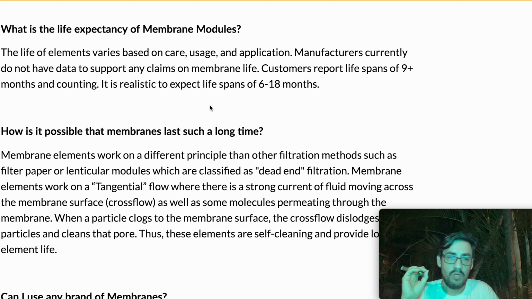Your concentrate is, for example, the fats that accumulate. Your permeate is whatever makes it through the membrane. That's going to be your clean ethanol, your winterized solution. And with this cross-flow function, it's like a self-cleaning filter. So really, you could get a year out of these membranes for $600. You really can't beat that.